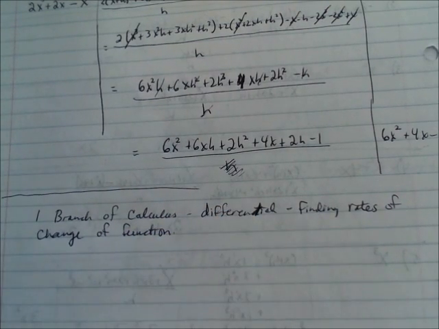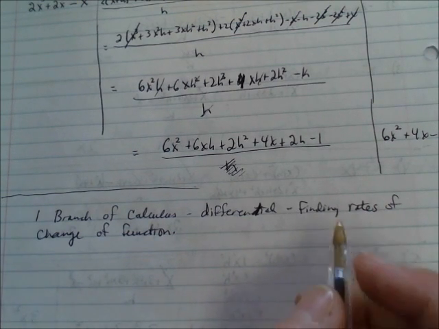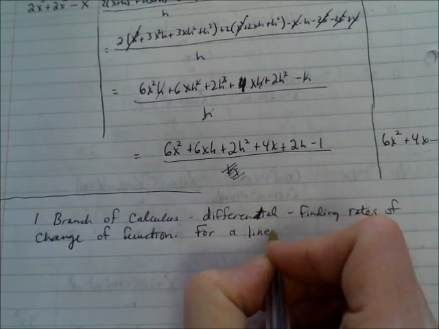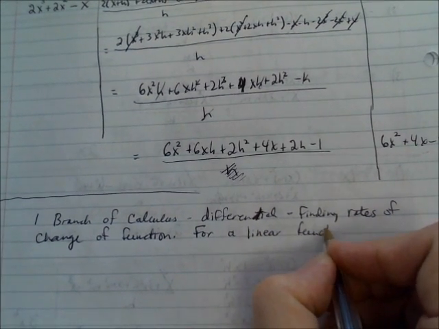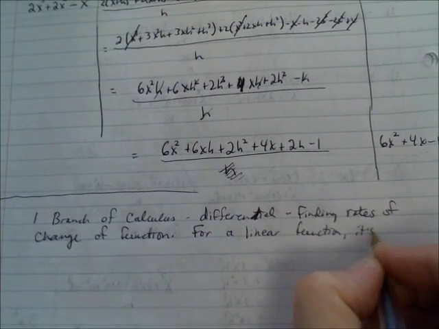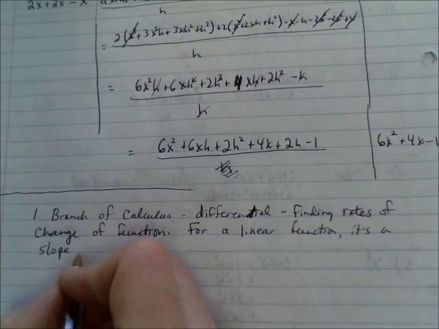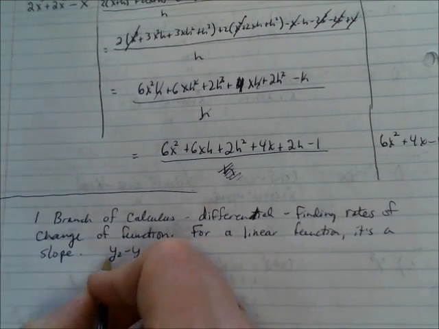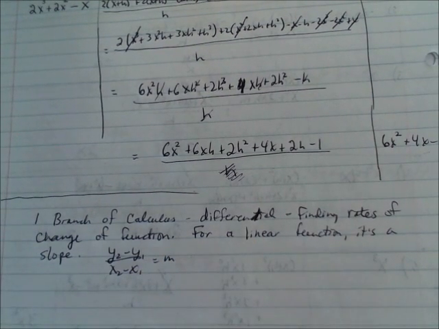If you recall from Algebra 1, you found a rate of change for a linear function. For a linear function, back in Algebra 1, the rate of change is just the slope. So you can find the slope as y2 minus y1 over x2 minus x1.